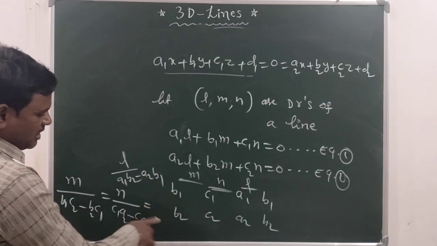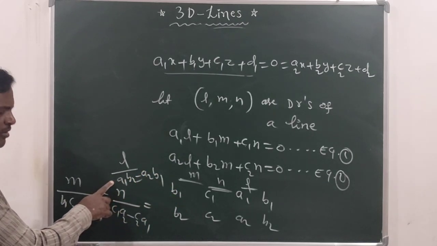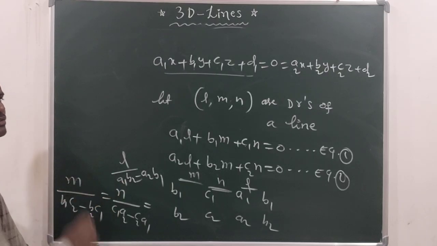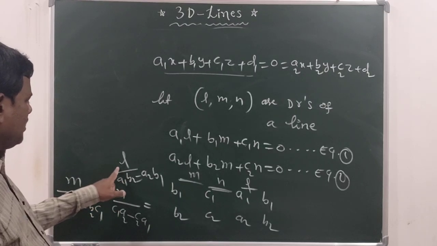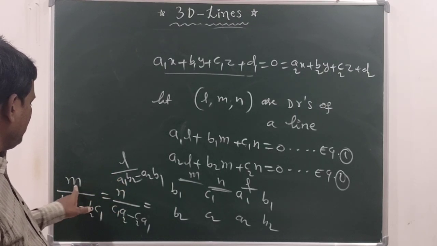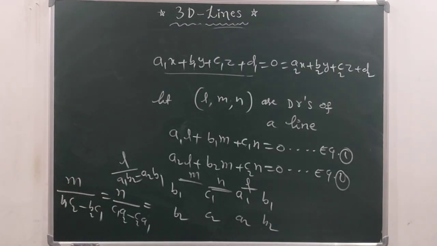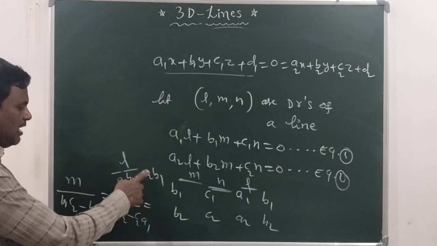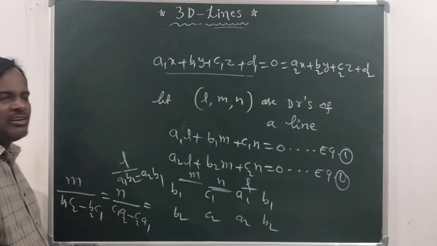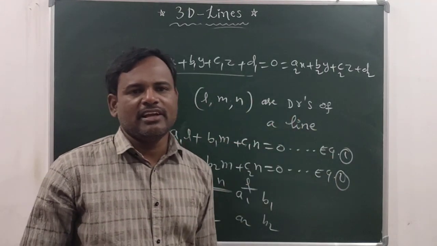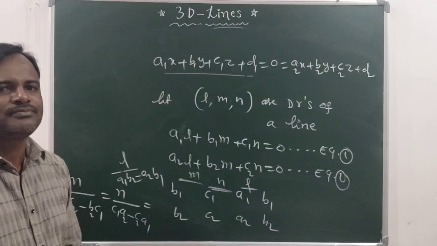So here place is not sufficient, so I wrote this equal to this equal to this. Now you got L, N, M. L comma M comma N you got. What are these L, M, N? DRs of the line. DRs you got.